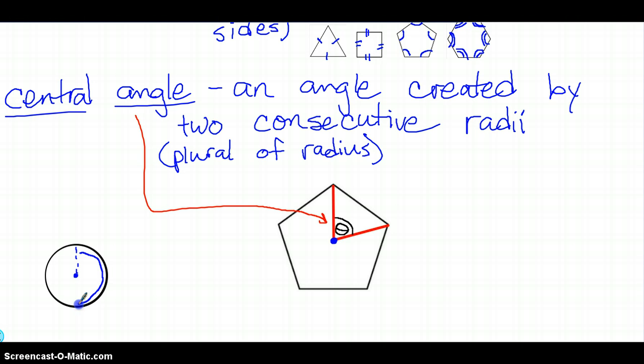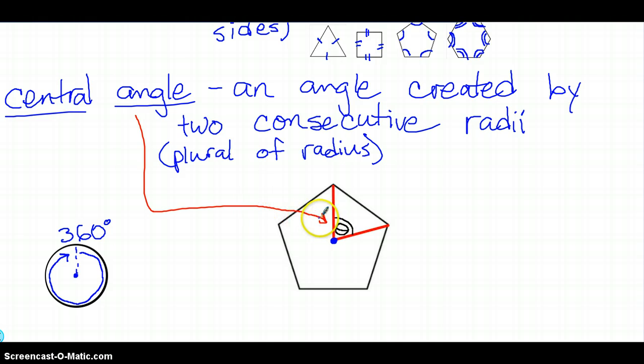Right here I'm at 180 degrees because I've got another 90. If I go another 90 degrees to its corner, I'm at 180 plus 90 is 270. And if I do another 90 degrees, that's going to be 360 degrees in a circle.